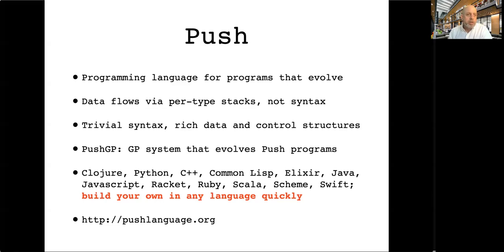So if you don't like a generational GP system and you'd rather have a steady state system, or you want to evolve programs within a Unity framework for your game, or you have a C++ framework, well, there is some C++ Push thing that's already been written, but you might find it even better to write your own. And my primary goal in this tutorial is to show you the core concepts clearly enough that you would see what it would take to do that, and in fact that it would not take a great deal.